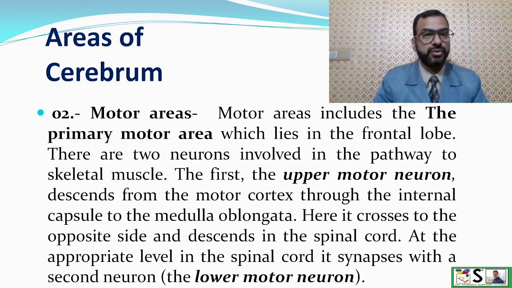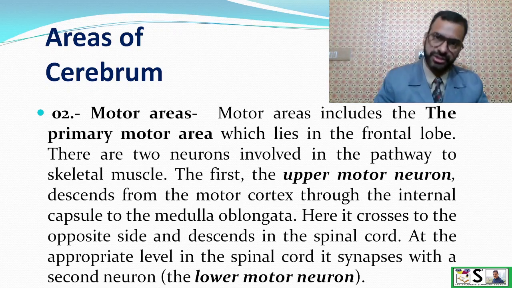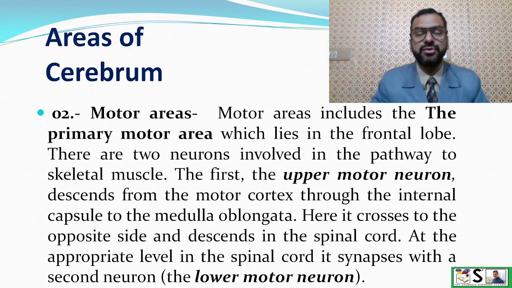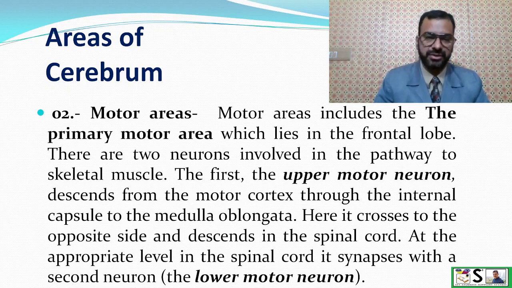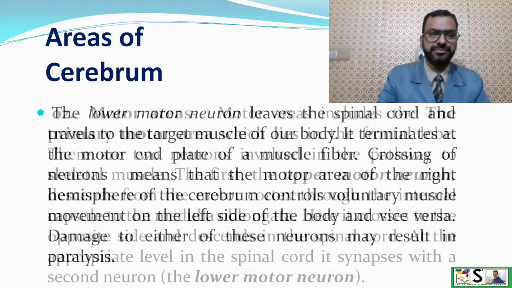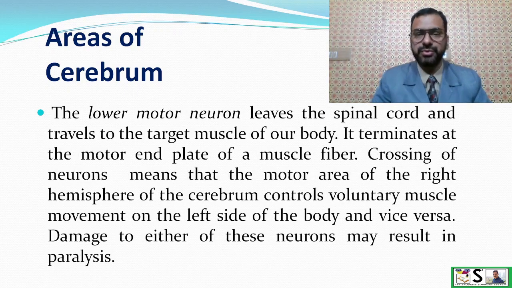The first is known as upper motor neuron, which descends from the motor cortex through the internal capsule to the medulla oblongata, and here it crosses to the opposite side and then descends to the spinal cord. At the appropriate level in the spinal cord, it synapses with the second neuron, that is lower motor neuron. The lower motor neuron leaves the spinal cord and travels to the target muscle.